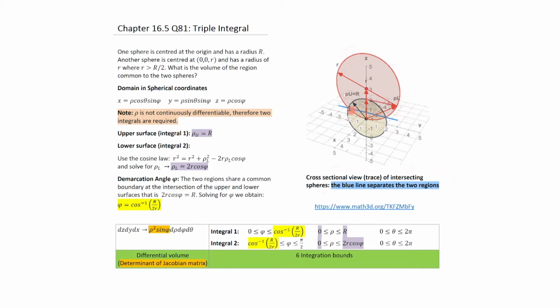And so we make use of the transformations that allow us to express x, y, and z in terms of rho, theta, and phi. Now, in this problem, there's a bit of a problem because remember the rules for integration. We have to make sure that the boundaries are continuously differentiable.